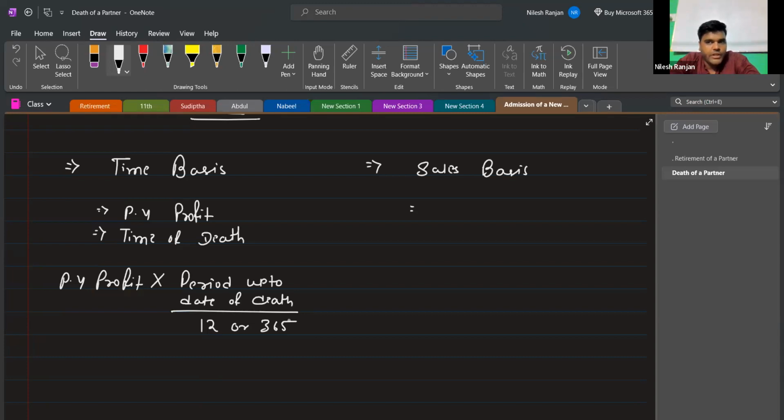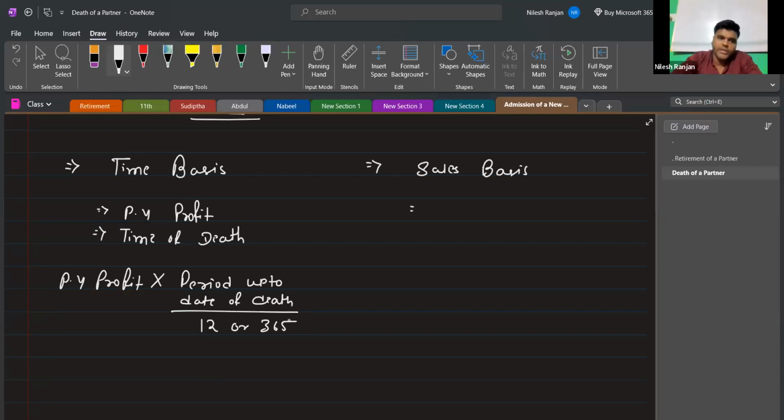So previous year profit is 3 lakh into period up to date of death is 5 months. So 3 lakh into 5 by 12. So you will calculate the profit on the basis of time.